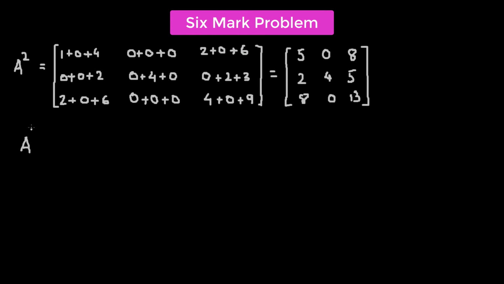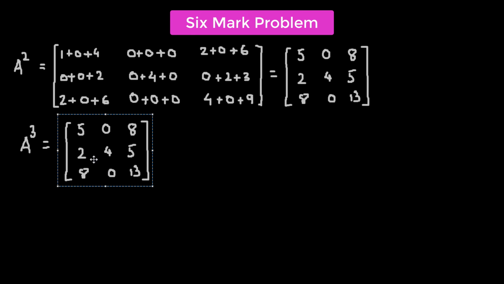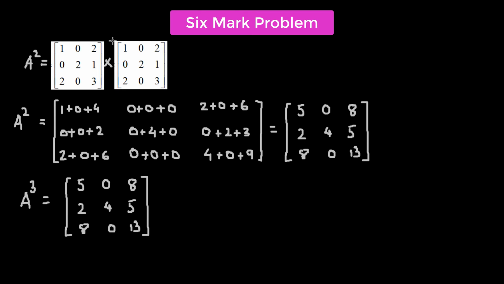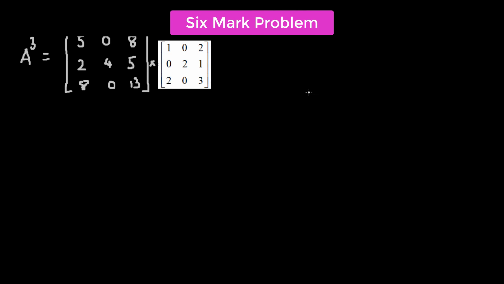So A cubed is simply going to be A squared times A. So we have A cubed, and then we take the value of A squared. We copy this. This is A. So we'll find out the product of A squared and A, which will give us the value of A cubed.